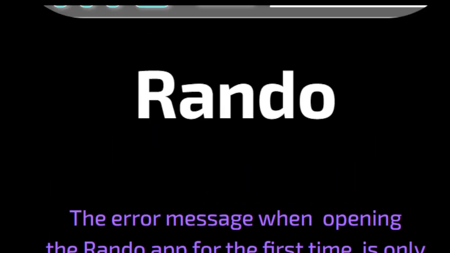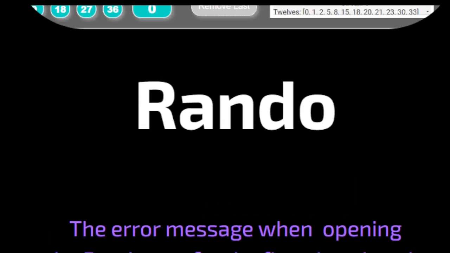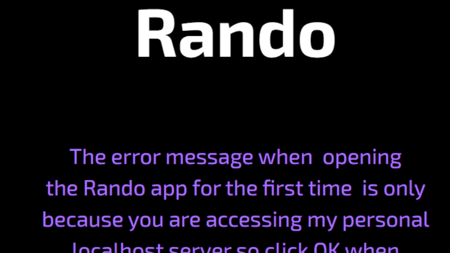So welcome to Rando. You're at this page because you wouldn't have been able to watch the video if you didn't get to this page. When you first open the app, I'm going to explain that real fast. You're going to get a warning message from this thing called ngrok.